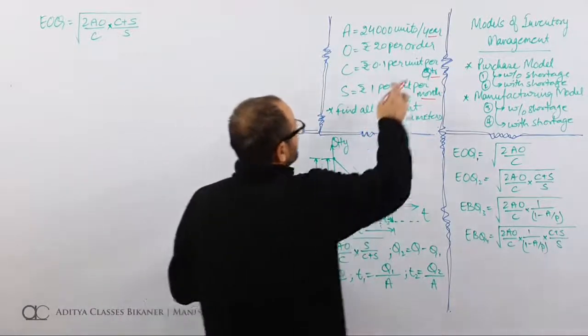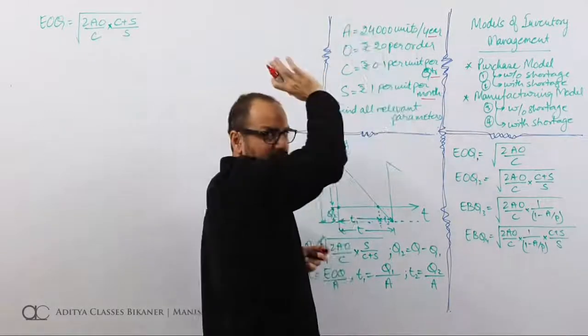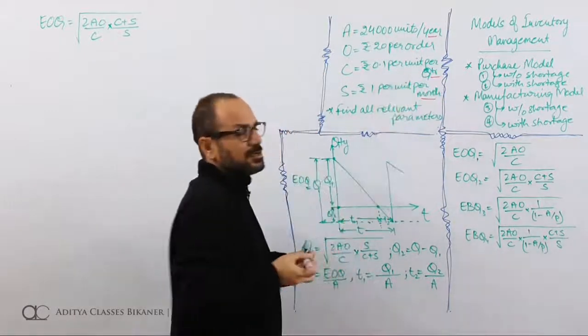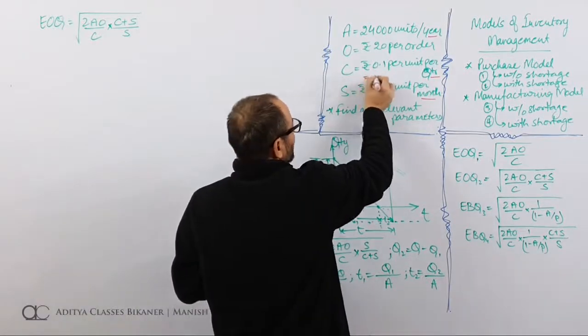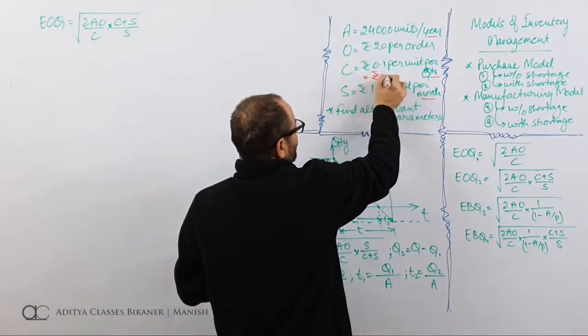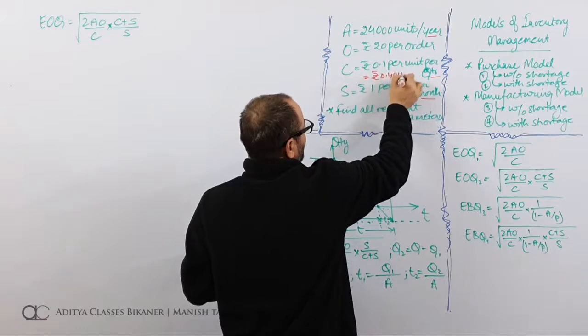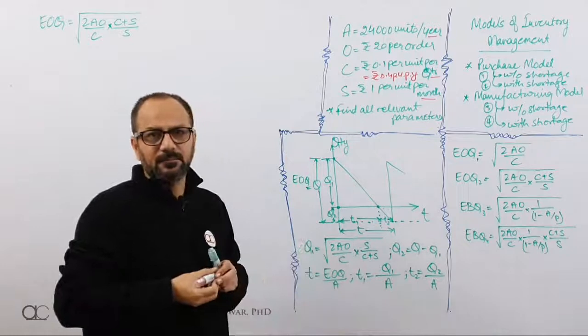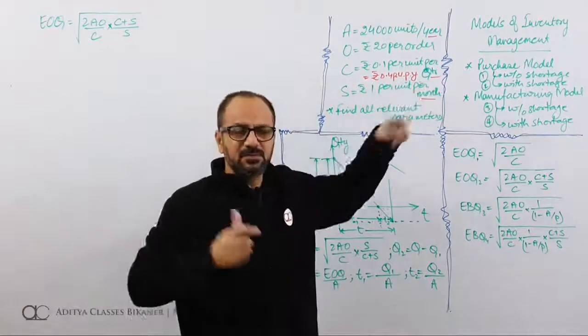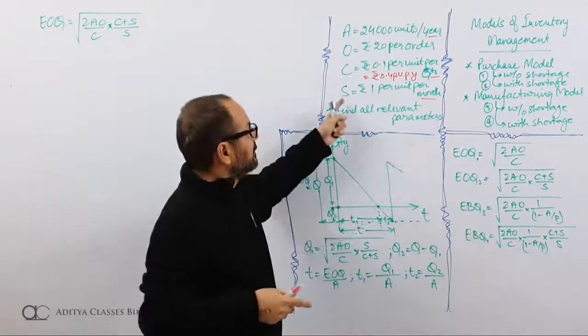What will those adjustments be? Let this be at the scale of year. This is per quarter, and 1 year has 4 quarters. If I multiply this by 4, I'll get it as rupees 0.4 per unit per year. This rate is per quarter, so I multiply it by 4. This rate is per month.